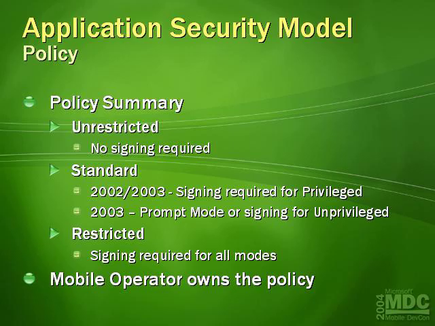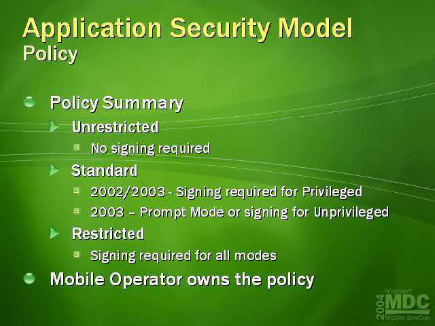To run as unprivileged, things have changed between Smartphone 2002 and Smartphone 2003. In Smartphone 2002, you could just not be signed and you would execute just fine. In Smartphone 2003, we've introduced the concept of prompt mode. Prompt mode will prompt the user when your unsigned application is about to execute and ask them if it's okay.